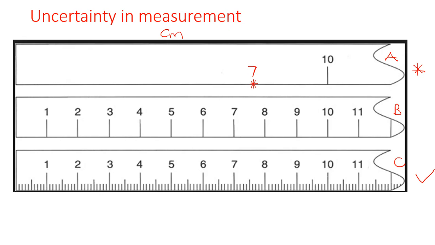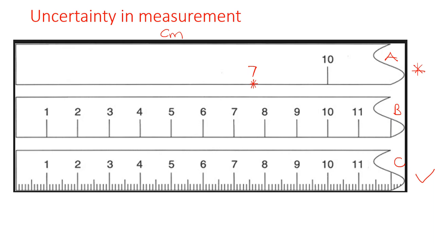And then someone asks me, all right, you say it's 7, but what is the uncertainty of this point? You mentioned that it is 7.